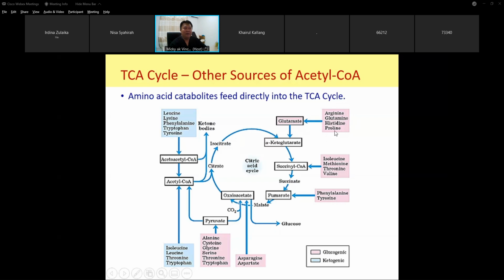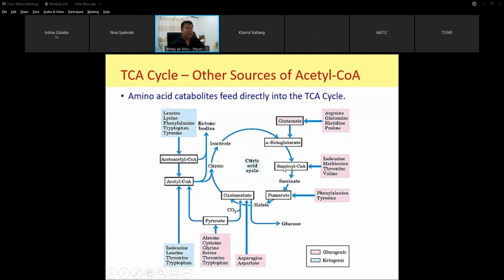These 4 group can produce glutamate, and glutamate will enter the Krebs cycle because glutamate can be converted into alpha ketoglutarate. Sama juga isoleucine, methionine, threonine, and valine. When they are broken, some part of the carbon akan menjadi succinyl-CoA. Phenylalanine, tyrosine, if you eat them from your meat, potong-potong, dia akan dapat menghasilkan fumarate.